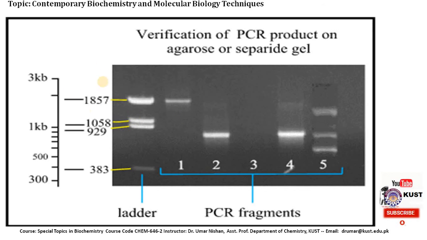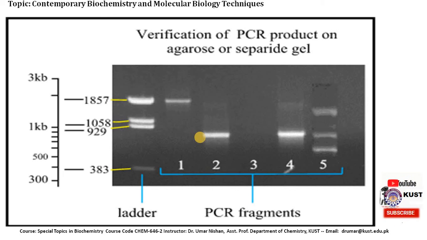So these are the different unknown samples, and their size can be compared with the help of this ladder. It also tells us about the quality of the PCR reaction and of the gel that is being run. So it is another topic.